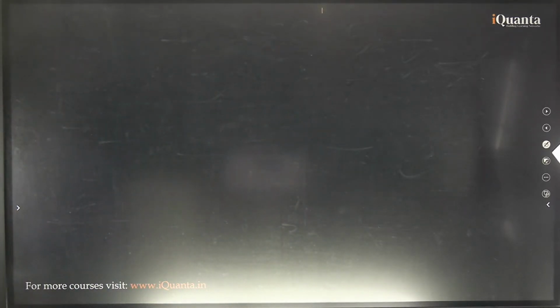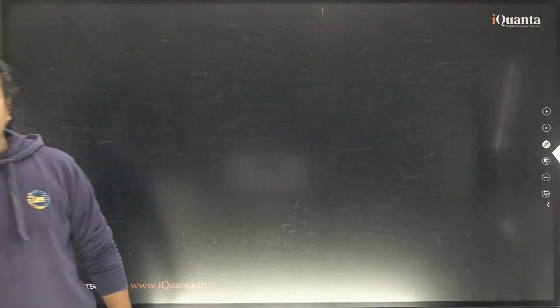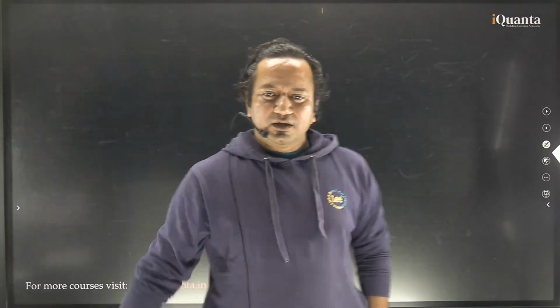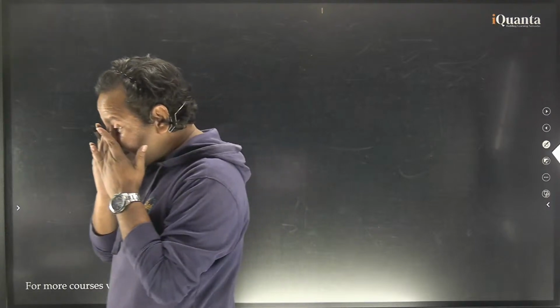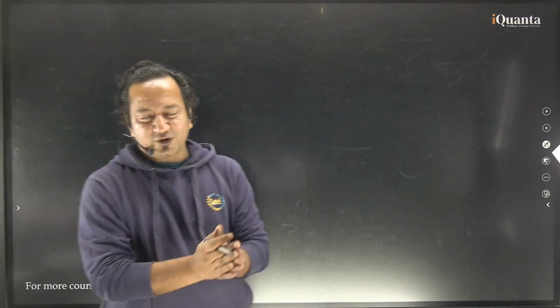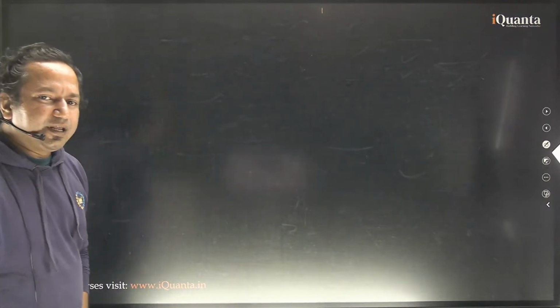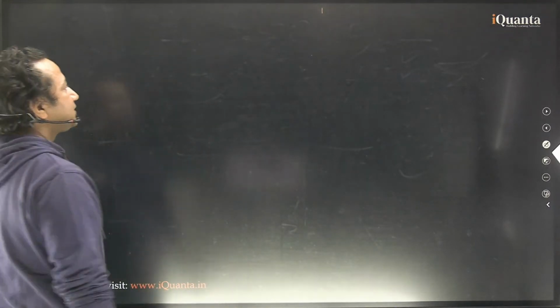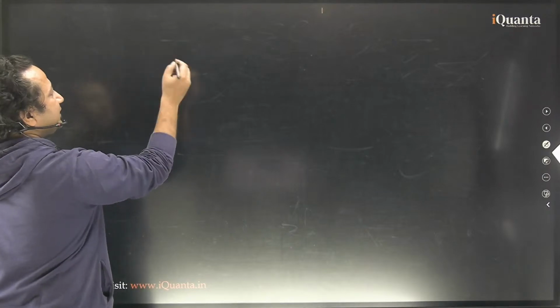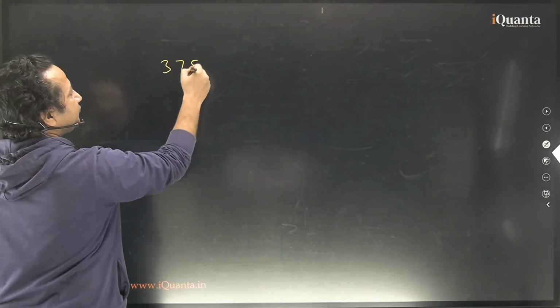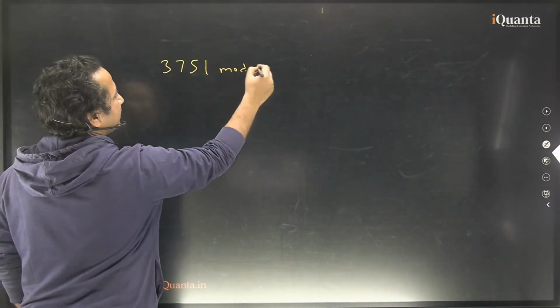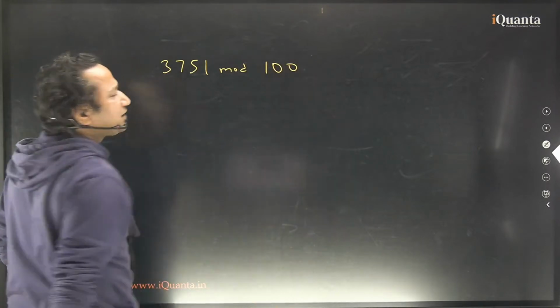Now coming to a very important shortcut in numbers. It happens most of the time that you have to find the remainder. Now I'm not going to tell you all the things about remainders, but I'll tell you something very important. So when you get something like 3751 mod 100, now what does mod mean? It's a remainder function basically.